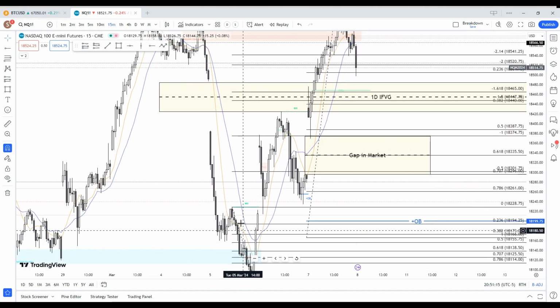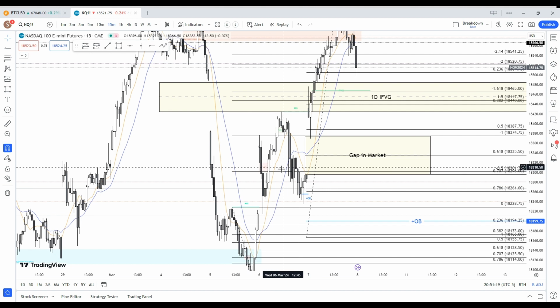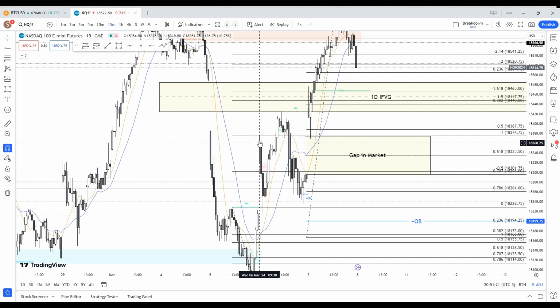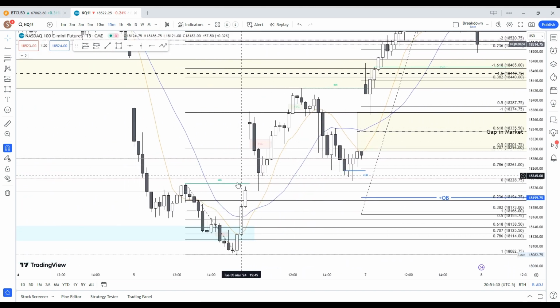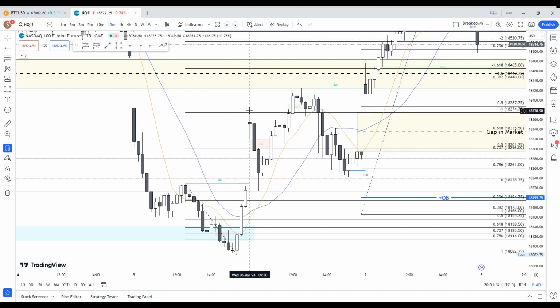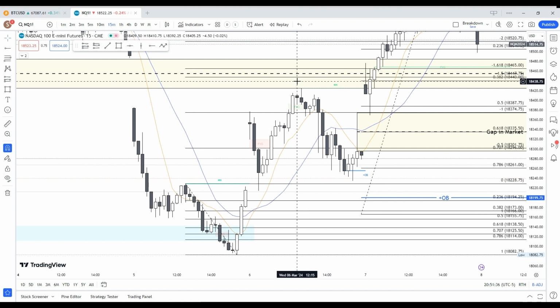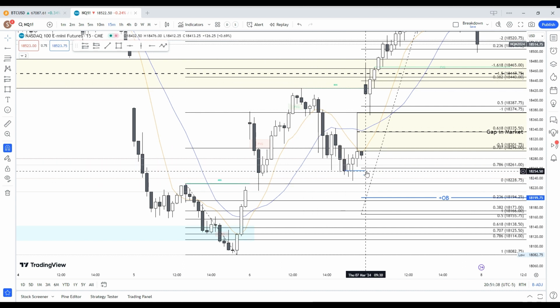I mean, you could see a lot of respect in this location. Look at, hit this -1 standard deviation and got rejected, right? Oh, that's where we opened at, actually, right? Market opened here, pulled back, filled the gap, came up, respected that, came down.